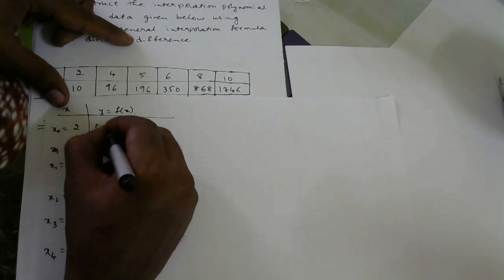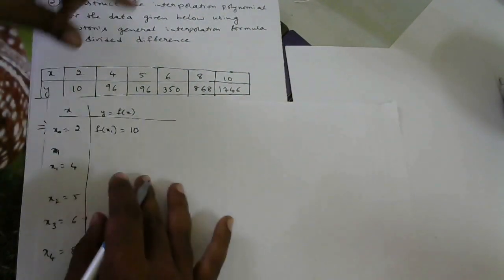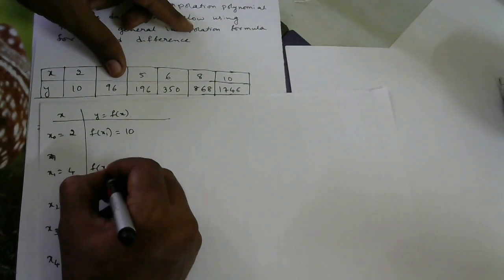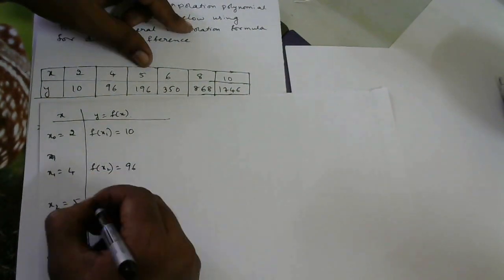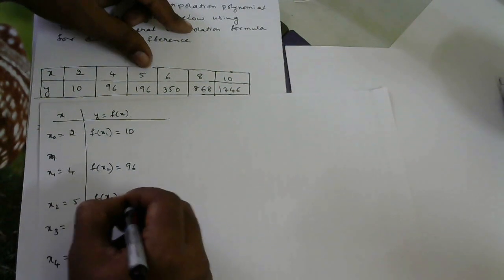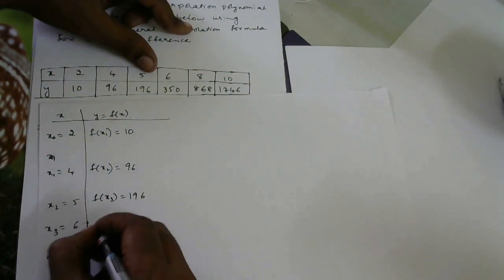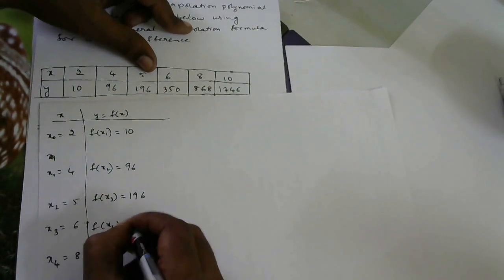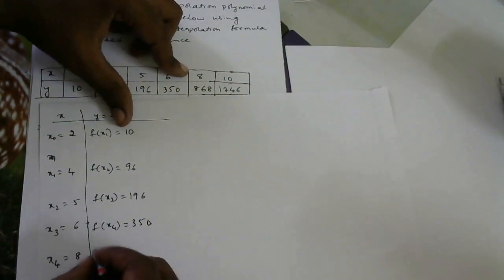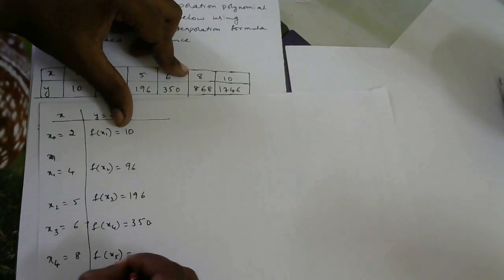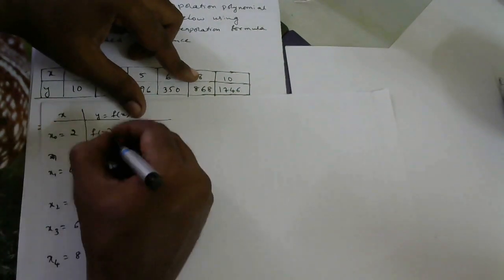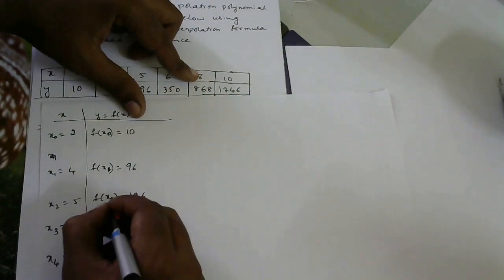So f of x0 value is 10, f of x1 value is 96, f of x2 value is 196, f of x3 value is 350, f of x4 value is 868, and f of x5 value is 1746.